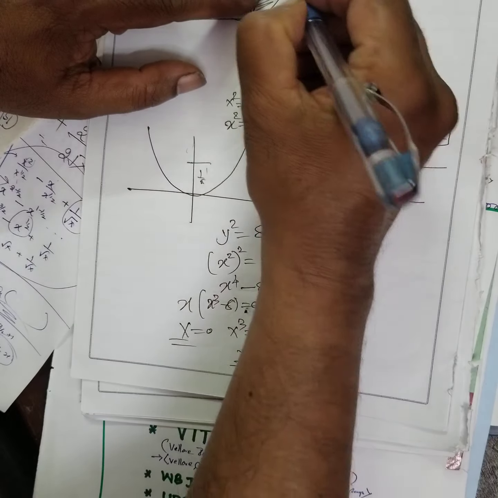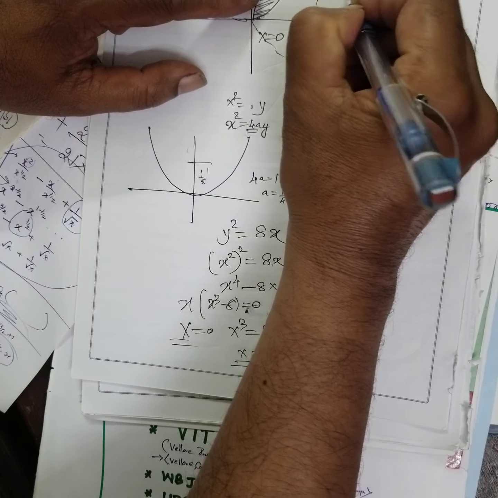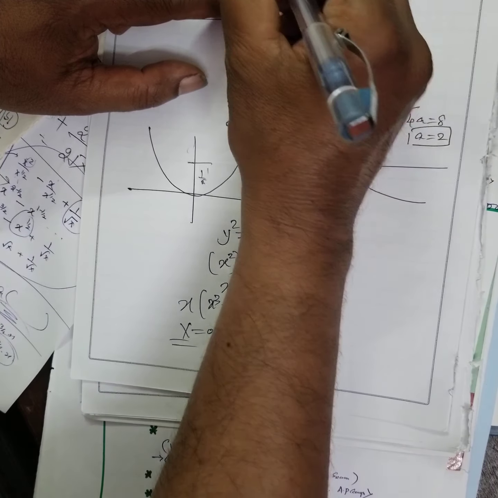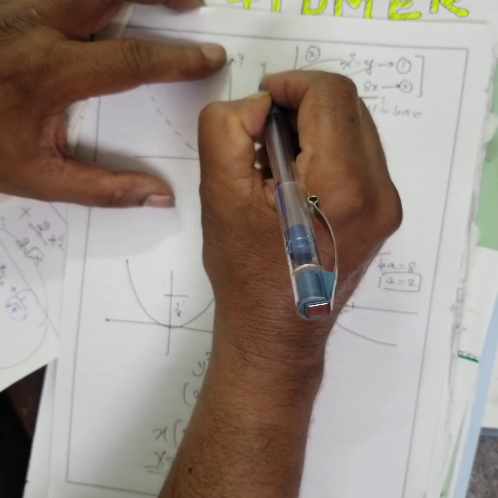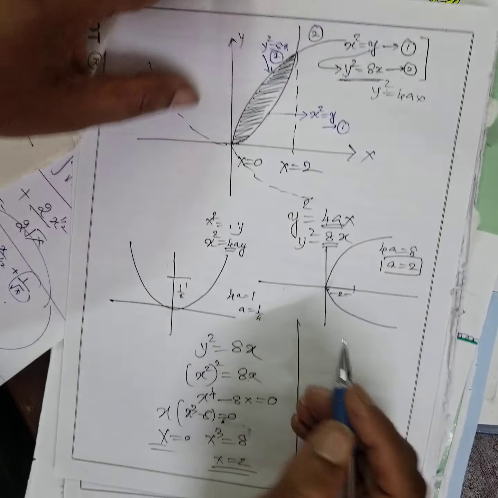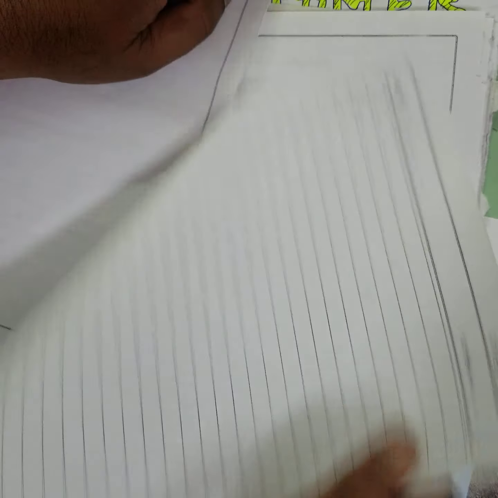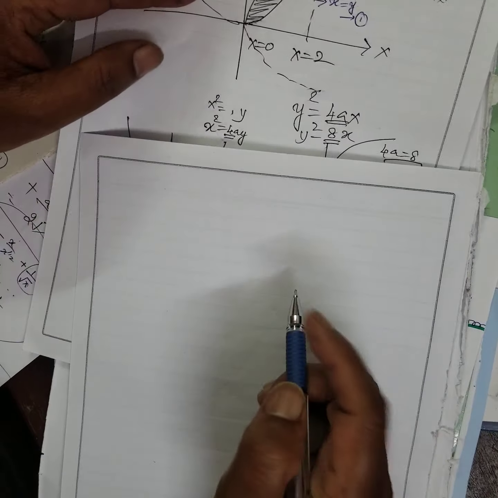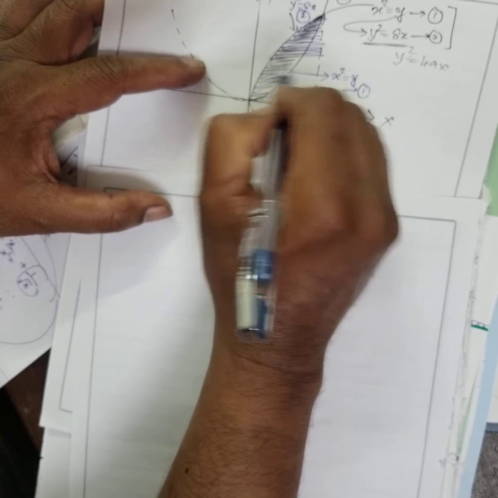What is this curve? This curve is x square equal to y. This is the first curve. This curve is y square is equal to 8x. This is the second curve. Now first you find this area.